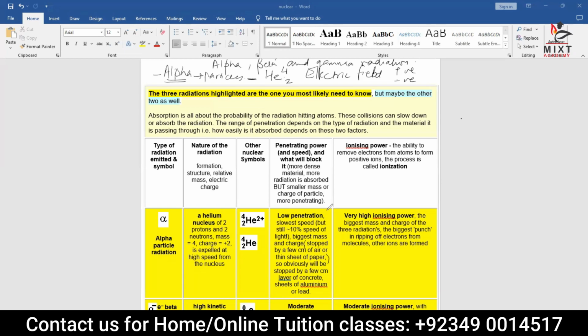So you can say that alpha particles have the biggest punch in ripping off electrons from molecules to convert them into ions.